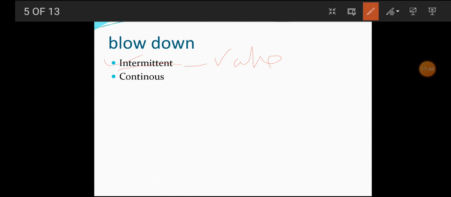So in this intermittent blowdown, a large diameter line is opened for a short period of time, the time being based on a thumb rule such as once in a shift for 2 minutes.